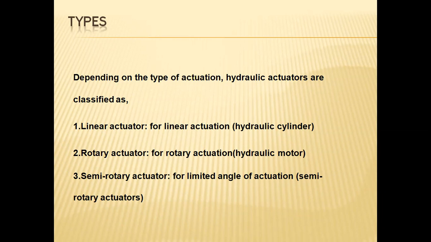Considering the rotary actuator, the hydraulic motor provides rotation both clockwise, with the polarity changes, and counterclockwise as well. And moving to another type, that is the semi-rotary actuator, it is limited to an angle of actuation.